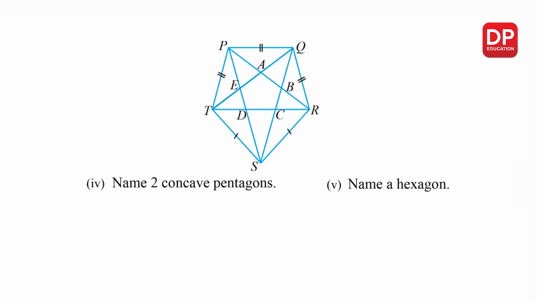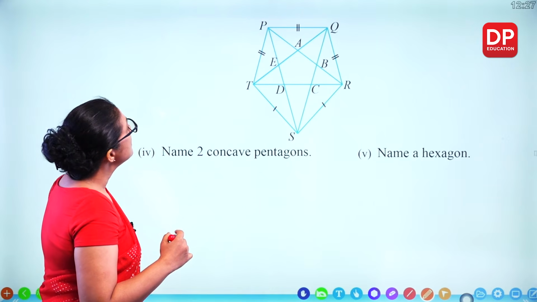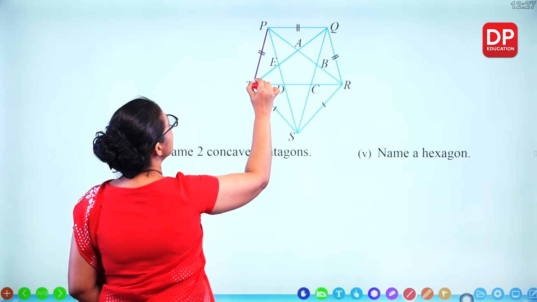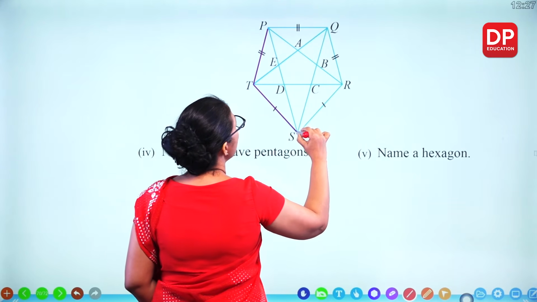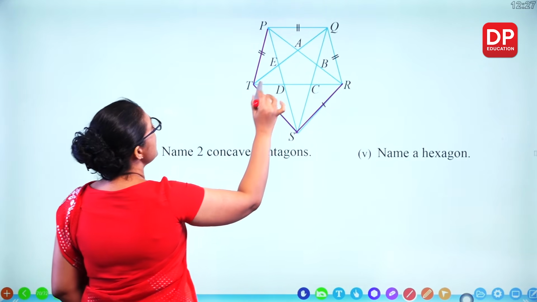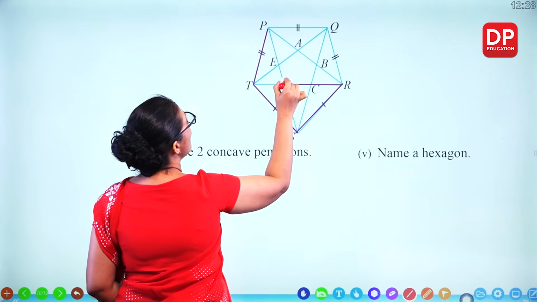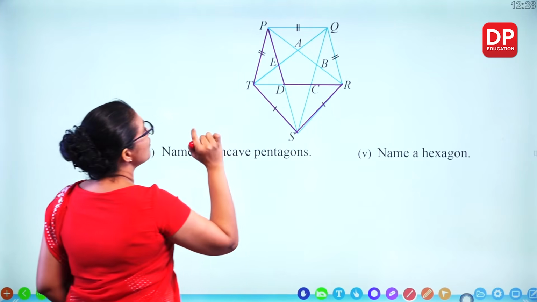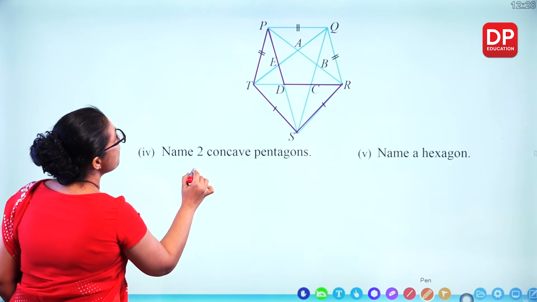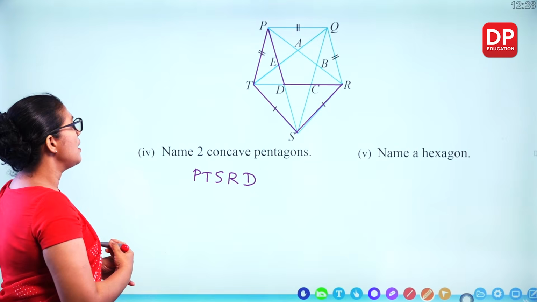Name 2 concave pentagons. Concave means you can get reflex angles. So we'll check starting from here. 1, 2, 3. Here 4, 5. You get one reflex angle. So you can give that one. PTSRT. That's a pentagon.